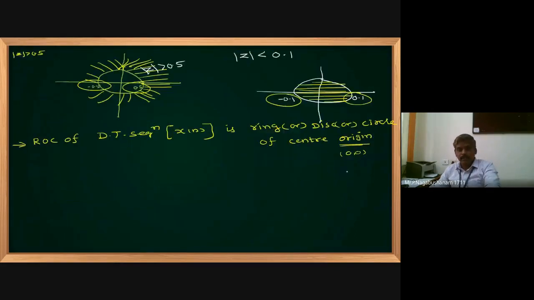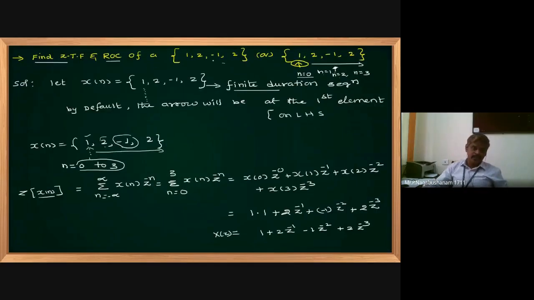But in this problem, the given sequence is a finite duration sequence. If it is a finite duration sequence, we have to use the shortcut. Shortcut means, listen, what is ROC? ROC of a given sequence always depends on z.